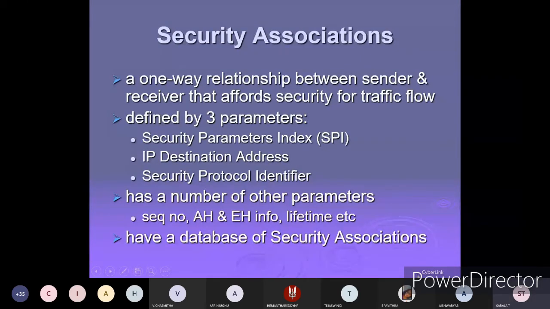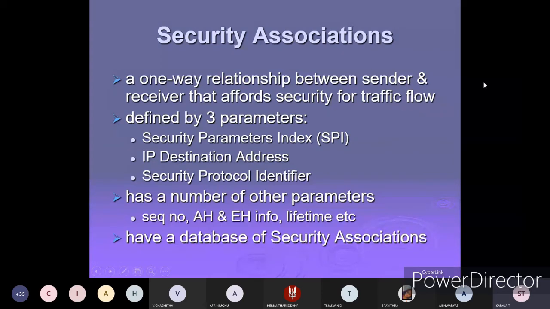Next, we have security associations. A security association is a one-way relationship between sender and receiver that affords security for traffic flow.